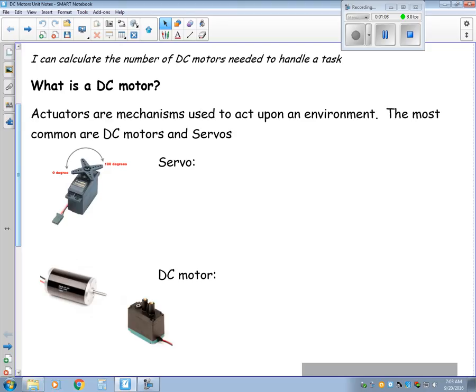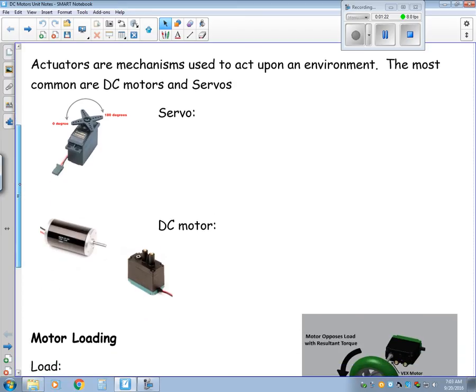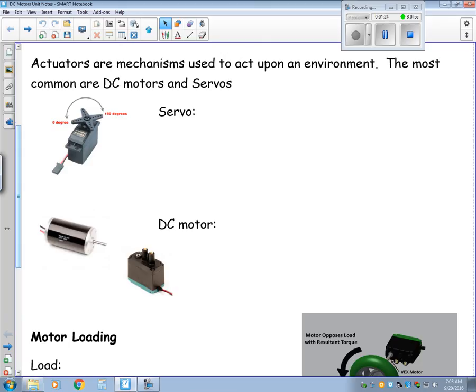So actuators then, and that's basically what these are called. Actuators are some sort of mechanism that acts upon the environment. The most common actuators then are servos and DC motors. So a servo is an electronic or electric motor that cannot make a full rotation.